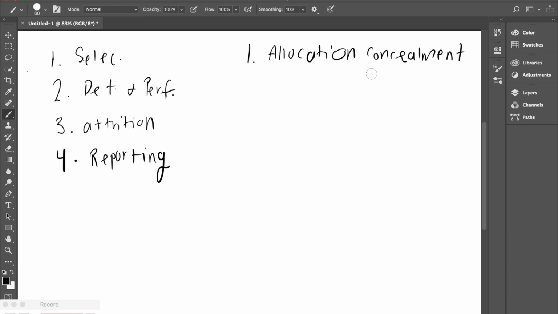Allocation concealment is essentially hiding the allocation: the person who is making the decision about whether or not a person is eligible to take part in the study is unaware of whether that person will be put into the treatment group or the control group.